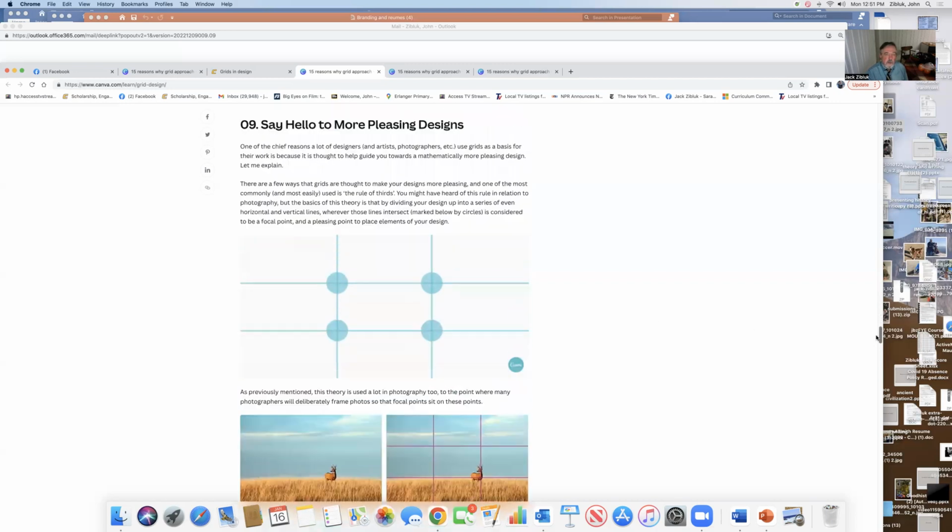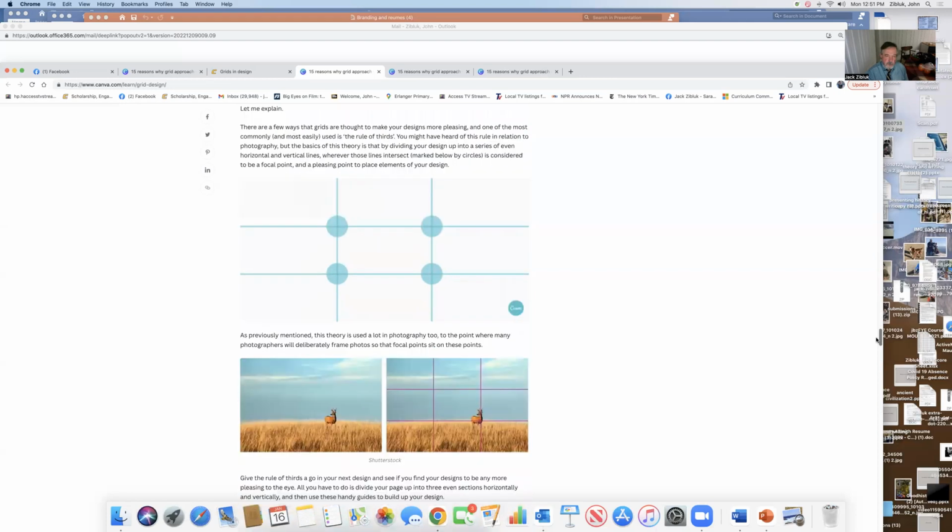A nice thing to think about when you put your headlines together is what we call the rule of thirds. We'll put it on the grid. Your important elements go on the crosshairs of the thirds. Pictures and designs. Why don't you center things? Because it splits your design in half. Thirds hold it together.